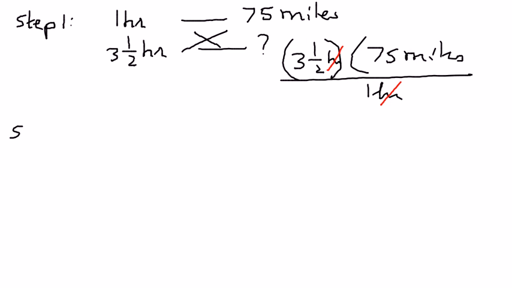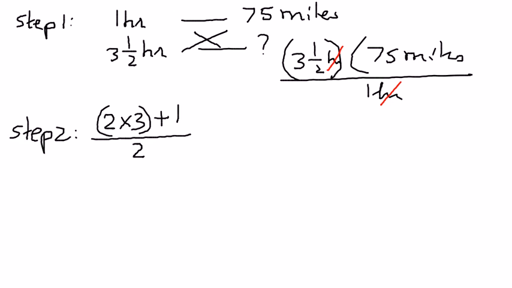So to do that, we're going to write the second step. We're going to first convert this mixed number into an improper fraction. So how do we do that? We take the number in the denominator, which is 2, multiply it by the number on the side, which is 3, take the product of that, and then add it to the value of the numerator, which is 1, and then divide that whole expression by the denominator of the fraction, which is 2. And then we take all of this and multiply it by the number 75 over 1, like that.